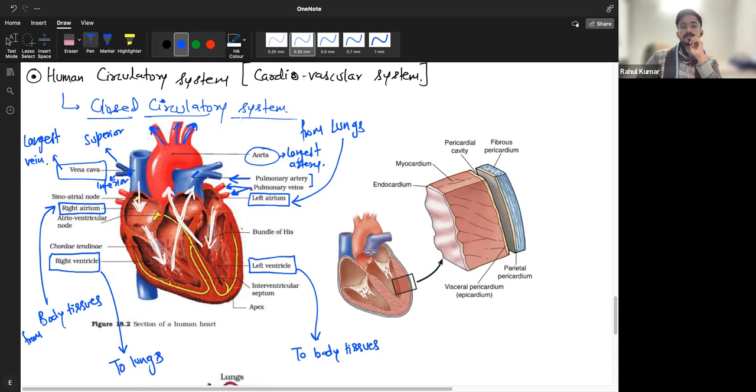So these two are exceptions. Through pulmonary veins, the blood comes into the right auricle. So it comes here, and then from here, let me make it a little better.